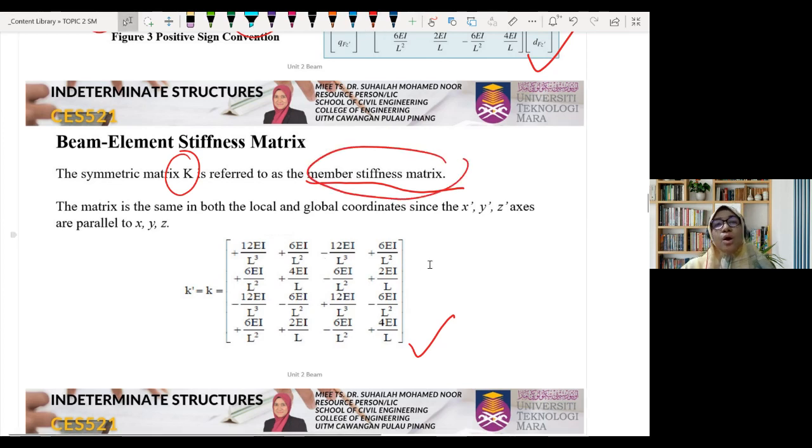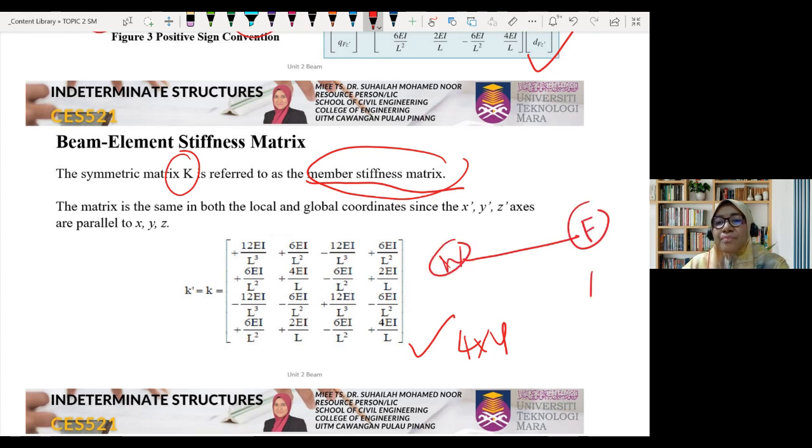It has four by four here. Why four by four? Because in one element we have a near node and a far node, and each node has two degrees of freedom.